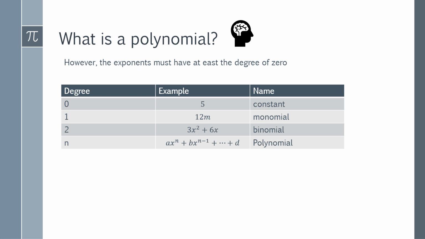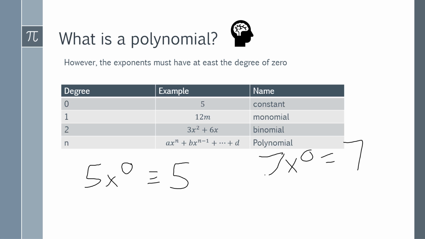For example, 5 can be rewritten as 5x to the power of 0, which is equivalent to 5. Alright? And that's with any real number. 7x to the power of 0 is understood to be just 7.